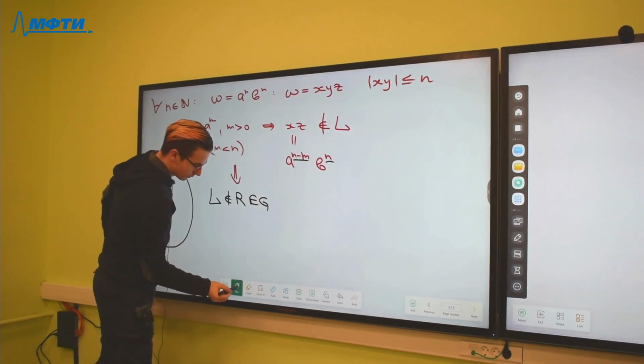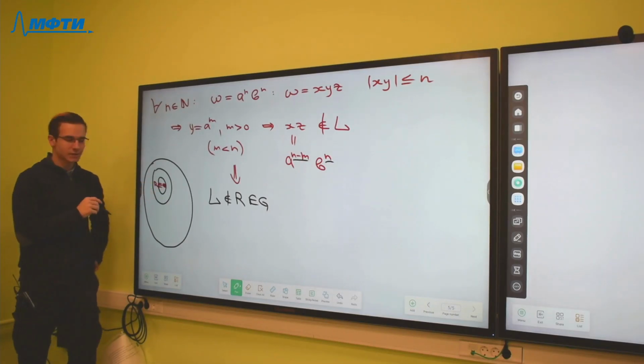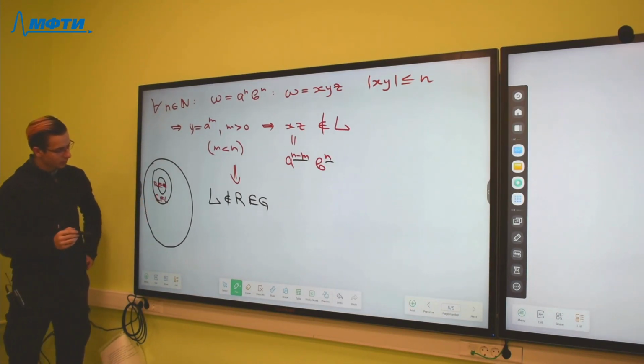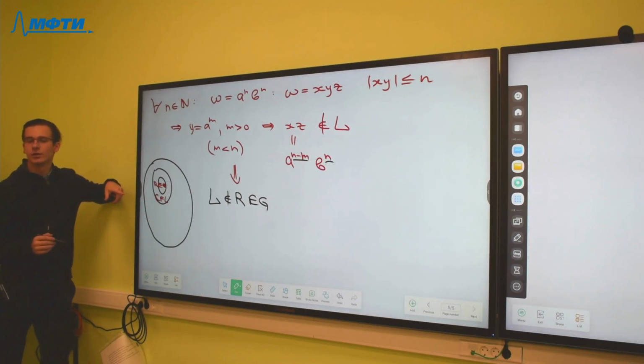Now we talk about the regular class, but there are interesting context-free languages, and of course you have already faced them, because the language of proper parentheses sequences is in this class.